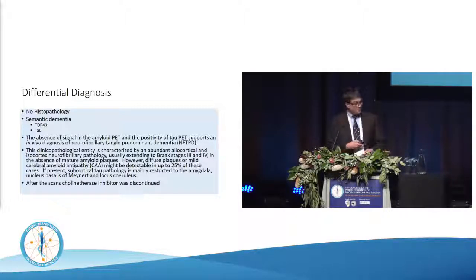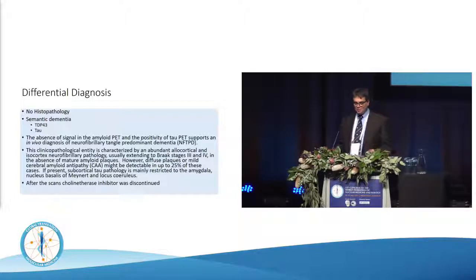And possibly this can be a kind of FTD-like disease. But we believe that the absence of signal on the amyloid PET and the positive tau PET support the in vivo diagnosis of a pathological condition called neurofibrillary tangle predominant dementia.